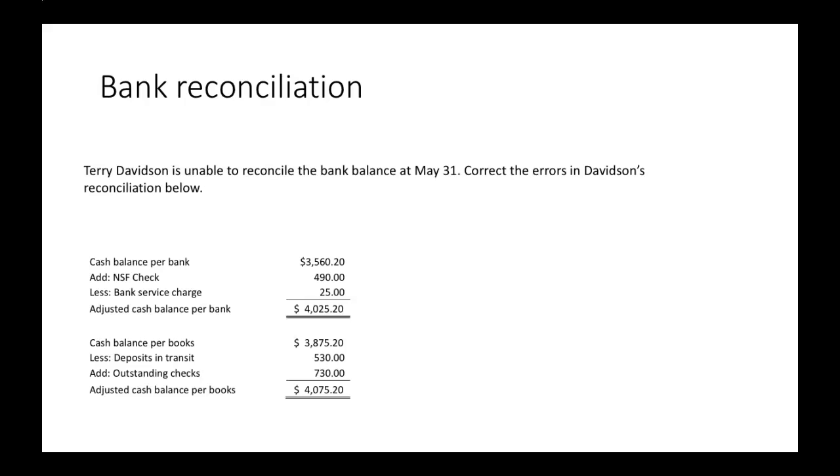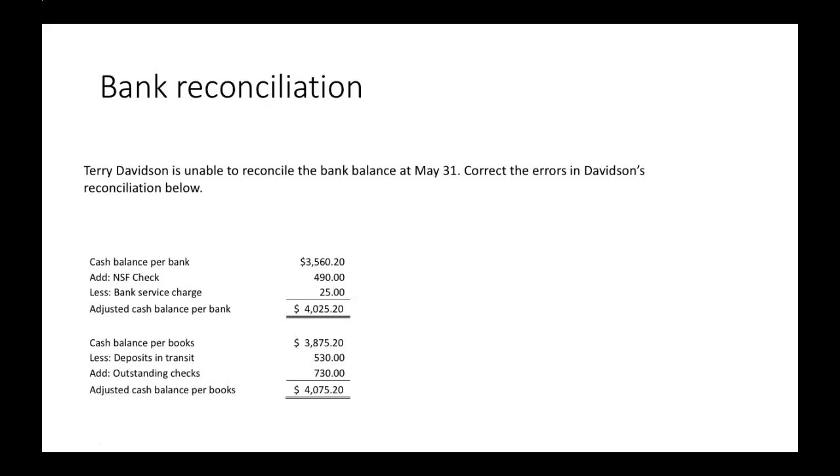So we take a look at this example that we're given, and it says that Terry Davidson was unable to reconcile the bank balance because Terry made some mistakes, right? So we need to correct the errors that Terry made in this bank reconciliation.